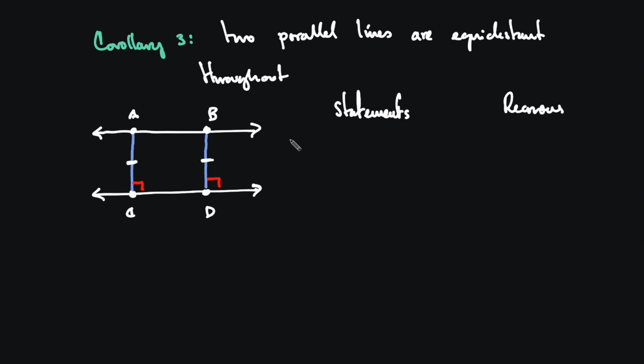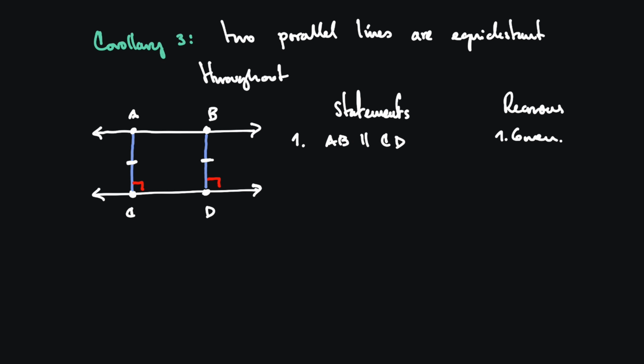Okay, so our first statement is basically that we know that AB is parallel to CD. And this is given, right? Basically, we have another given, because since it's saying that the lines are equidistant throughout, what we need to show is that no matter how many perpendicular lines we draw, all those lines are congruent.